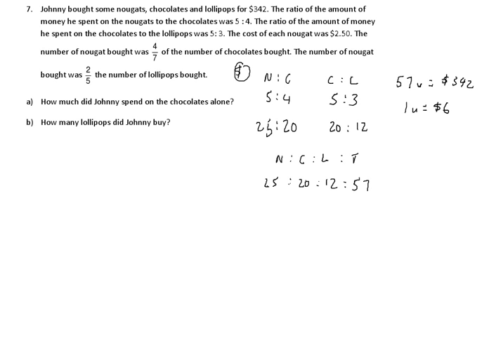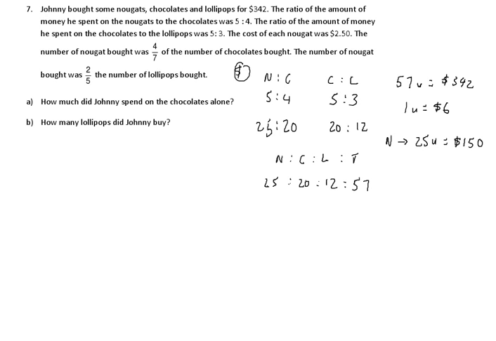If I know that 1 unit is $6, will I be able to find out how much he spent on nougat, how much he spent on chocolates, and how much he spent on lollipops? Yeah, we can, right? Because nougat is actually 25 units. Which is equal to how much? 6 times $25 is $150.